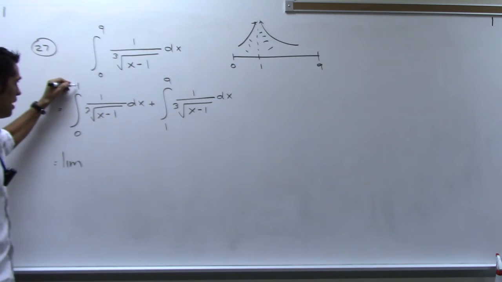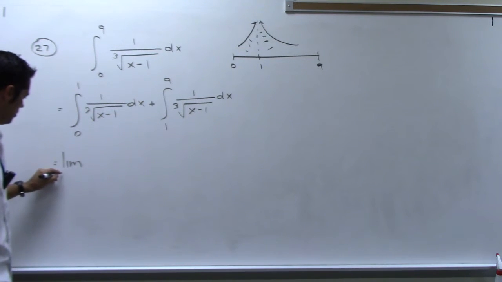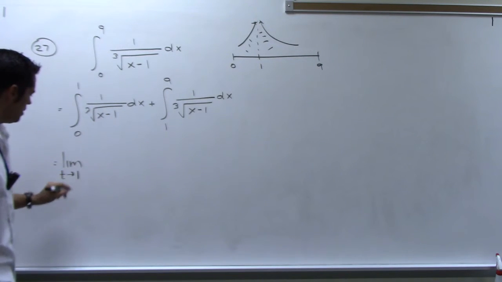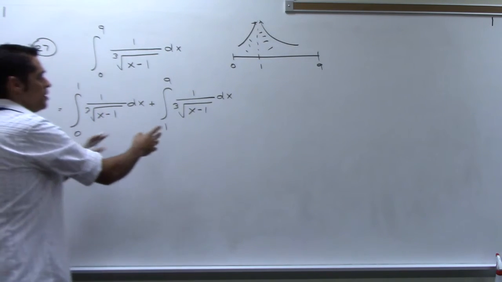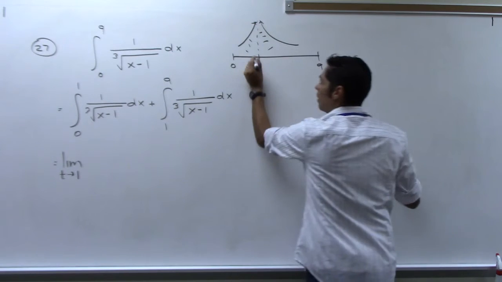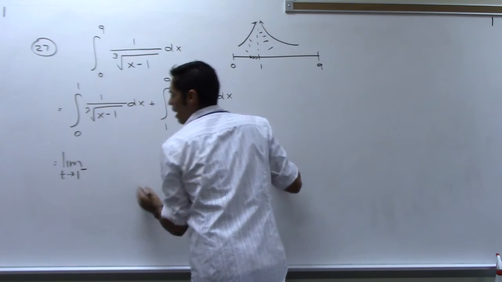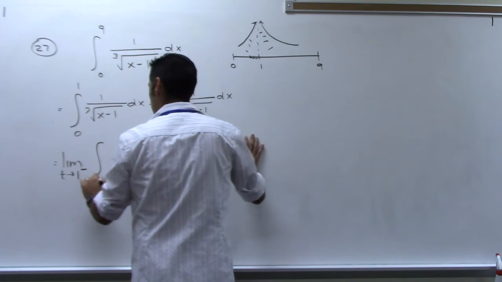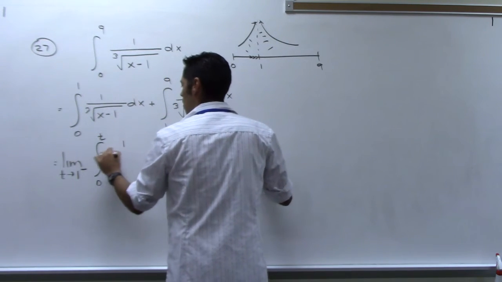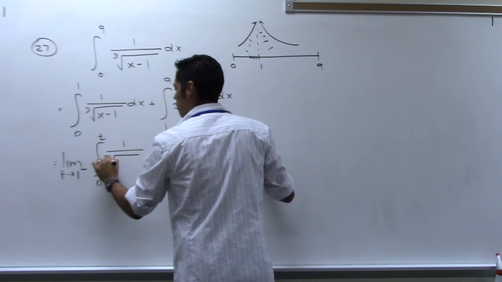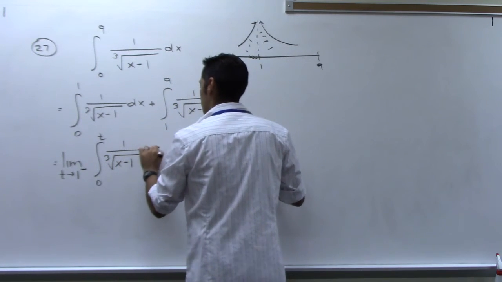So 1 is where I have the issue. So I go limit t approaches 1. And since this integral represents this first side over here, I'm approaching 1 from the left side, so 1 from the left of the integral 0 to t 1 over cube root of x minus 1 dx.